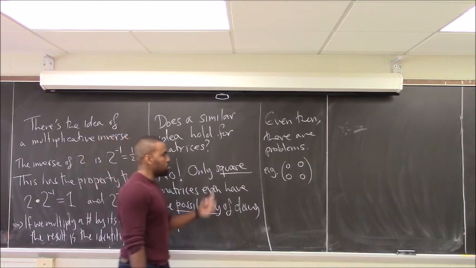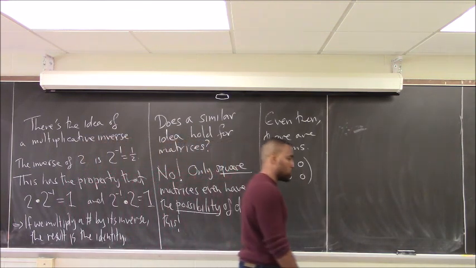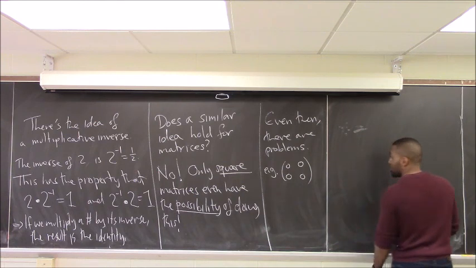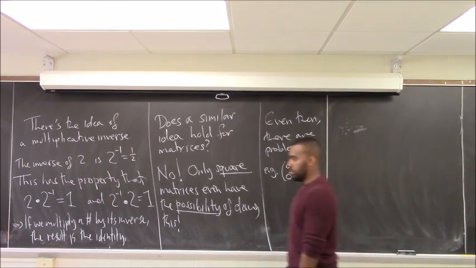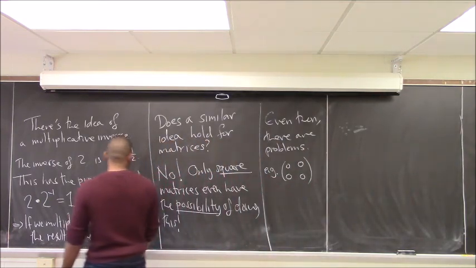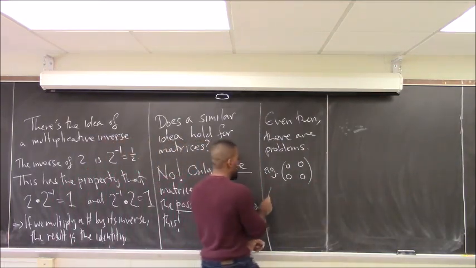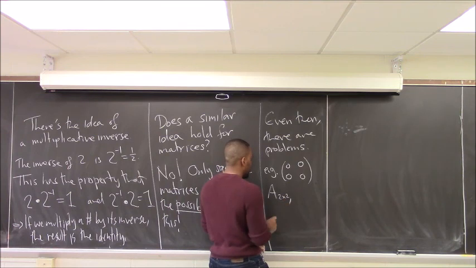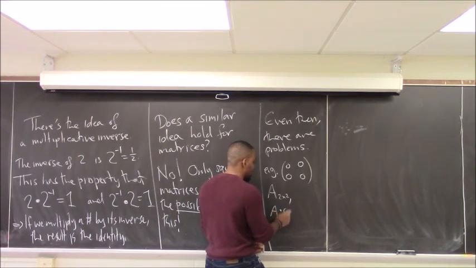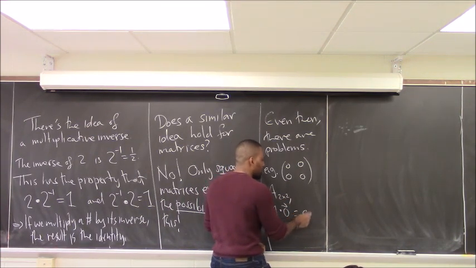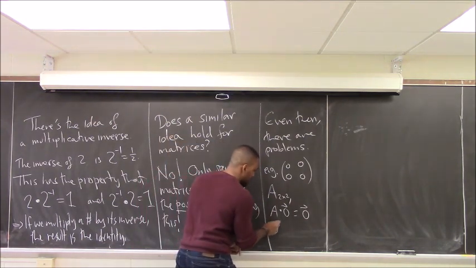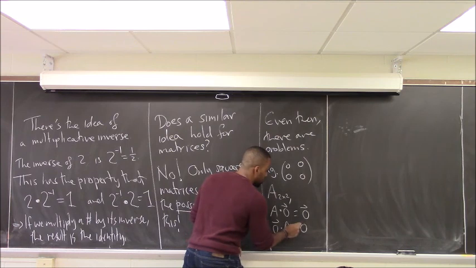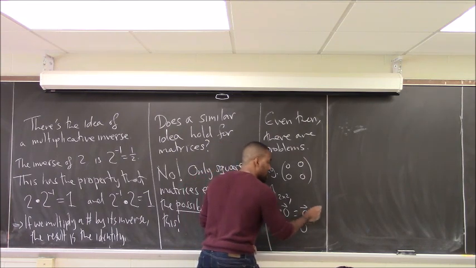Is there a matrix that I can multiply that by on either side to create the 2 by 2 identity? And the answer is no. If A is a 2 by 2, then if I take A times that 0, the result is going to be that 0, because I'm going to get 0 multiplying everybody, right? And if I take 0 times the A, the result is going to be 0. In particular, these are not the identities.